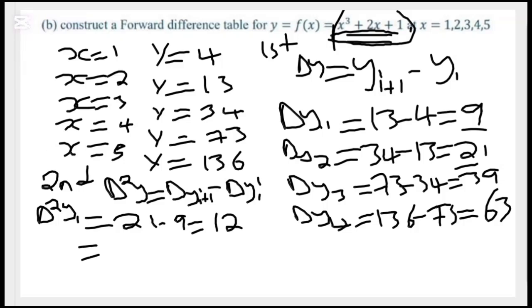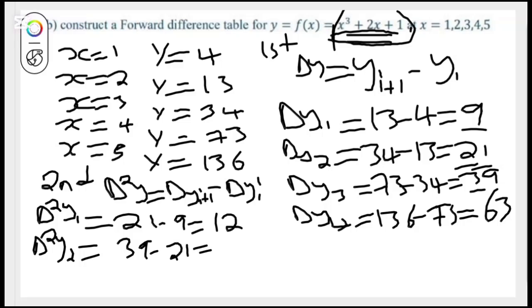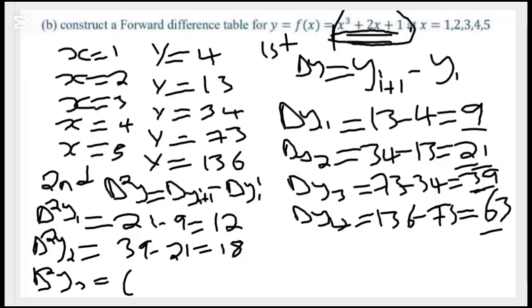And therefore, for d square y2, it is the same thing as saying 39 minus 21. So I'll get 18. And then I will have d square y3, it is the same thing as this minus this, which is 63 minus 39. So I'll get 24.